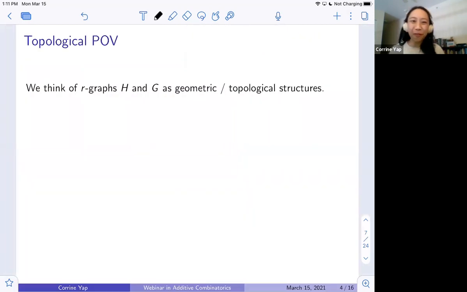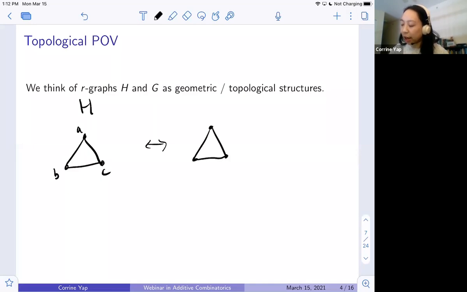So how do we go from these simplicial complexes to hypergraphs and back again? You could probably guess by the way that I defined it or the way that I drew it, that if you have a hypergraph H, and for all of my pictures, I'll just draw R equals 3, since that's sort of the easiest non-trivial example to draw, I can just take the down closure of any edge of size R that I have in my hypergraph, and that is what I will put in my simplicial complex.